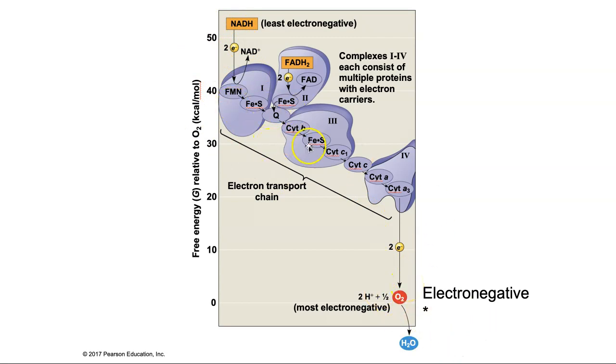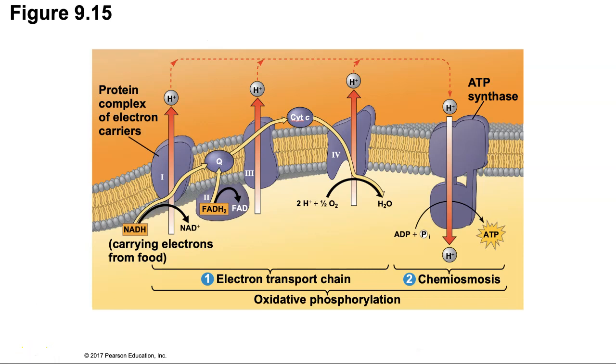So these are just incremental, small amounts of energy transfer that are manageable by our cell. And what is happening while this is occurring is that hydrogens, protons, H+, are being pumped through the membrane.